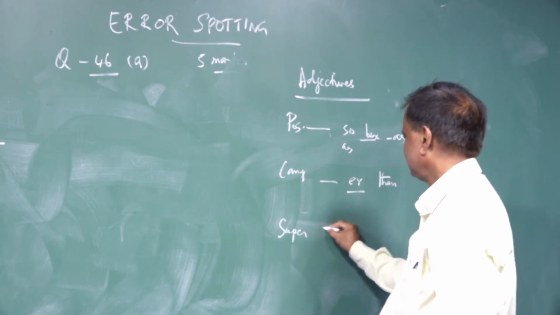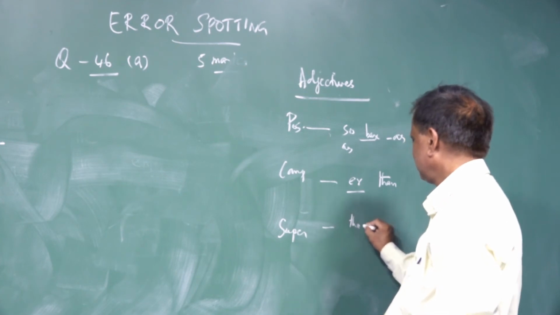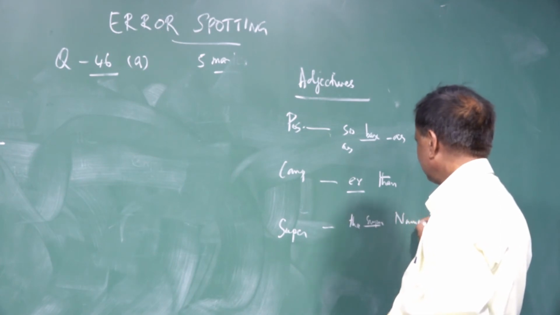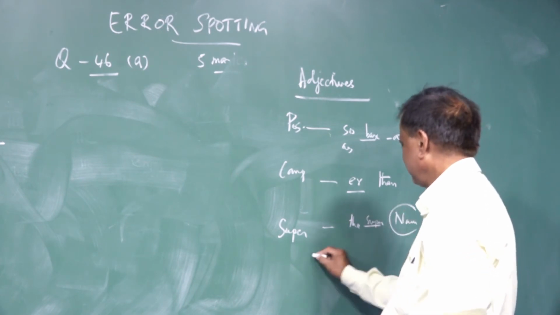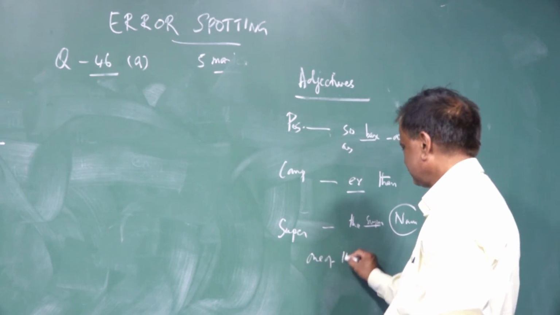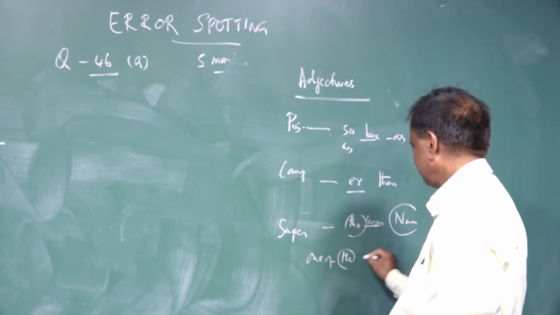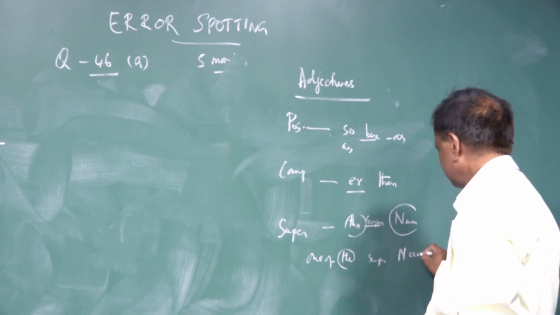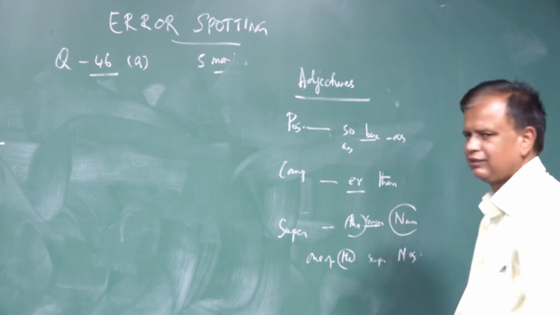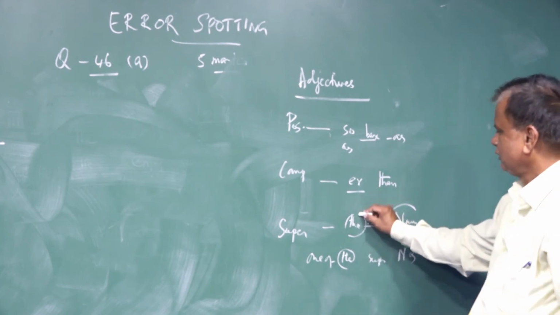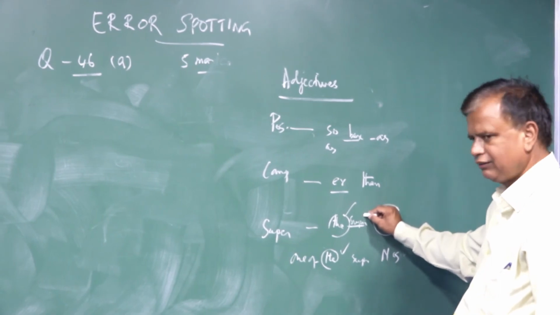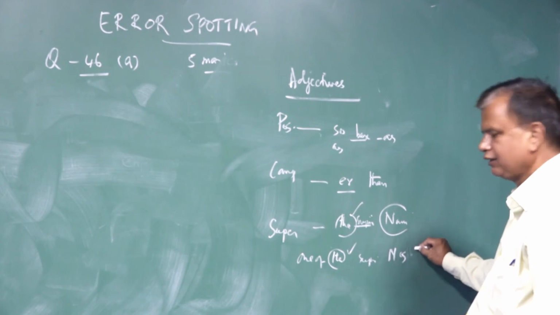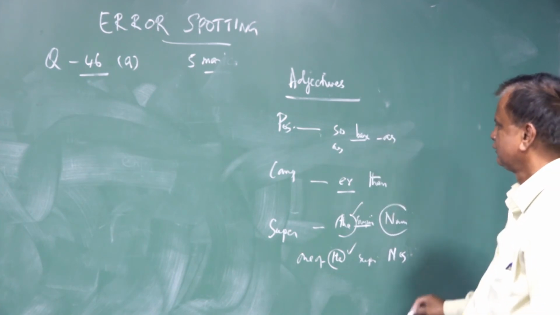The superlative will carry the, then the superlative degree adjective, then the noun. If it is one of the, then superlative and nouns. This is the structure.